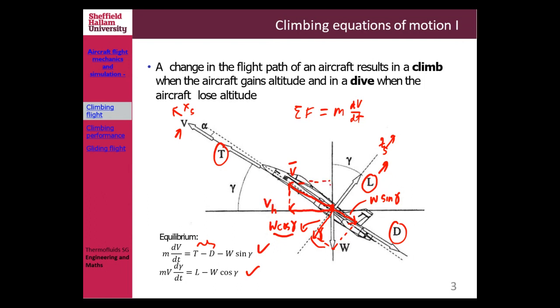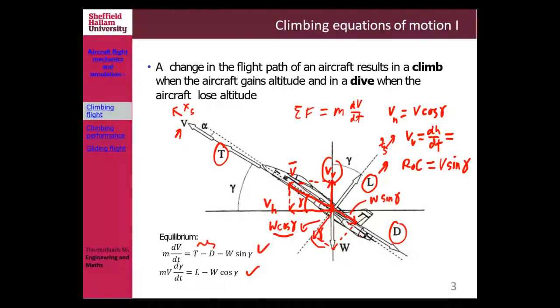And then you have your vertical velocity there, V_V. With gamma, V_H is V cos gamma, and your vertical velocity, which is dh/dt, is also your rate of climb, because changes in altitude over time is your rate of climb, which is V sin gamma, the component of this one.